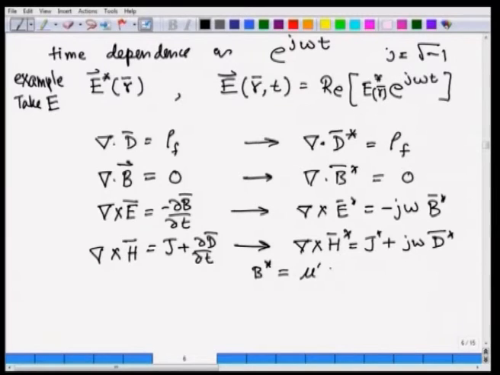B star is mu prime times H star, meaning permeability. There is a magnetic property, but there is no magnetic loss, otherwise we would have written this quantity also as complex. So mu, that means we are taking mu as equal to mu prime, that means real, whereas D we are going to write as epsilon naught times, now I am going to take the complex dielectric constant, k prime minus j k double prime, times E star.